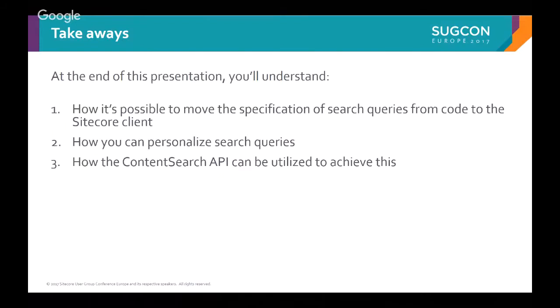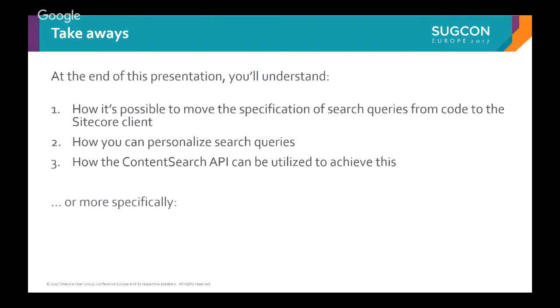The first thing is that we're going to look at how we can move the way you specify a search query from a code-based approach into a more configurable approach using the Sitecore client. Then secondly, we're going to look at how it's possible to personalize the search queries that we configure. And most importantly, we're going to look at how this is possible using technology you have today from the base libraries of Sitecore, mainly the content search API, in order to achieve this.